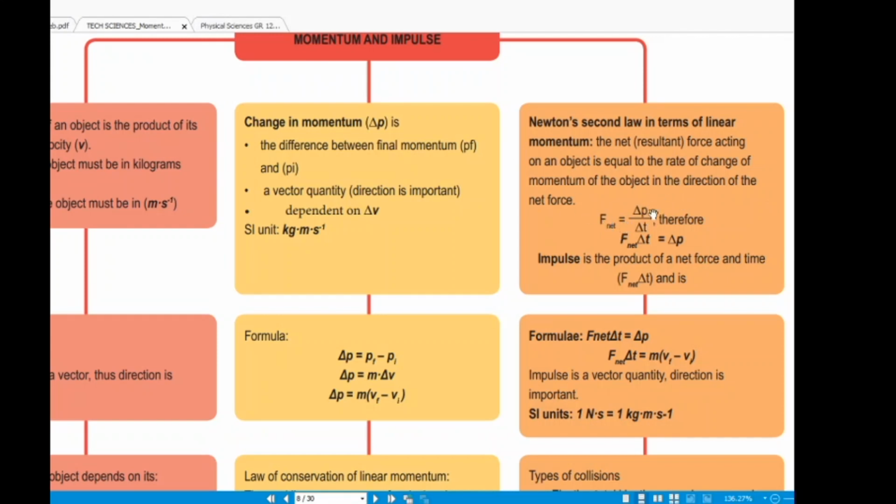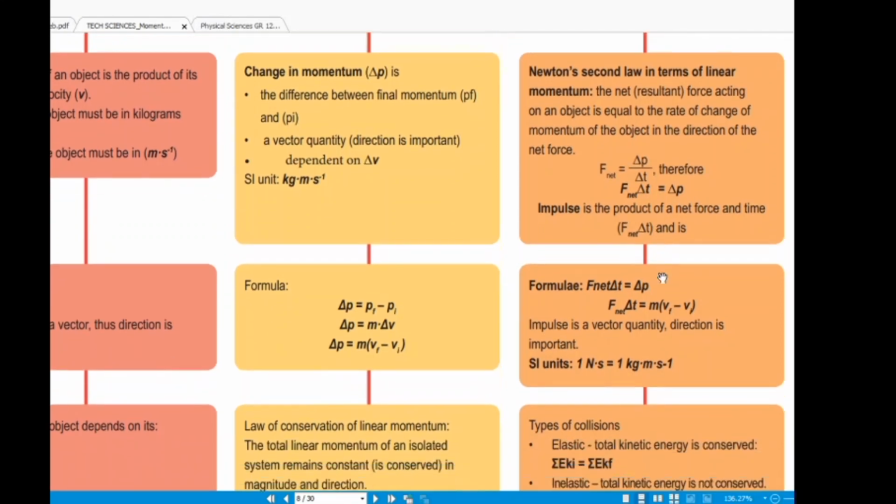F net is equal to delta p over delta t. Delta p over delta t is the rate of change in momentum. Rearranging this formula, we get impulse. Impulse is the product of the net force and the time the net force is applied on an object, and is equal to the change in momentum.